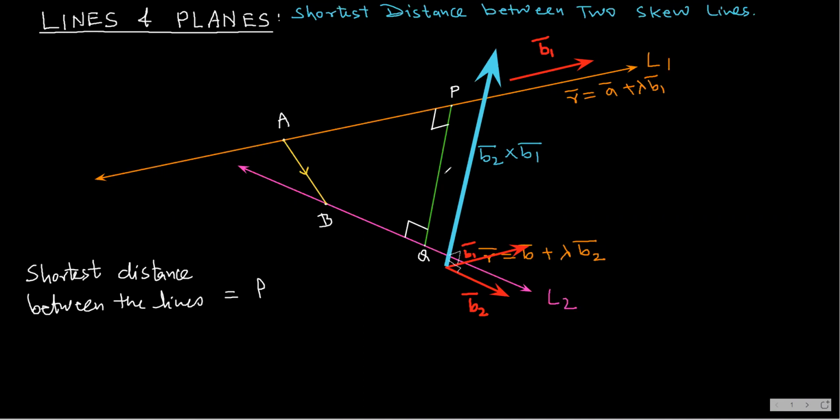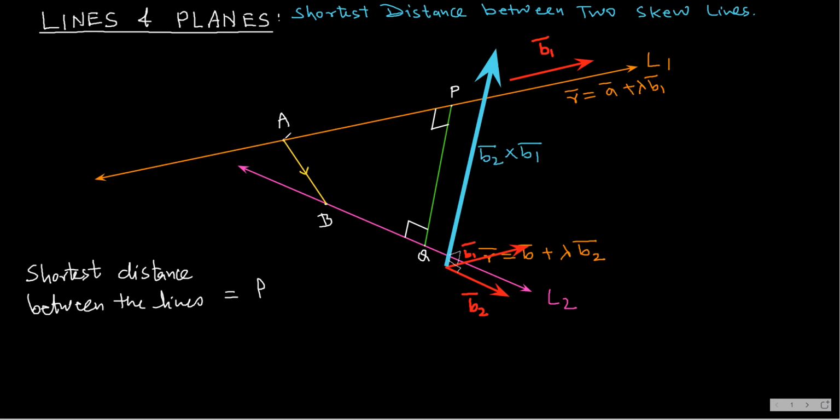Now remember, when I will project this AB bar vector, when I will project vector AB bar on this, what is the meaning of projection of one vector on another vector? From the extreme points of the vector. So here the extreme points are A and B. That is initial point and terminal point.